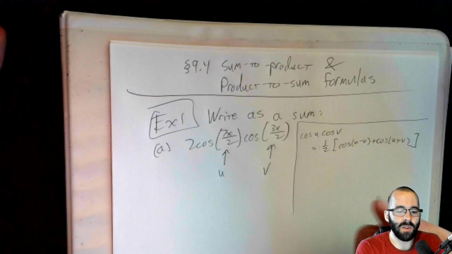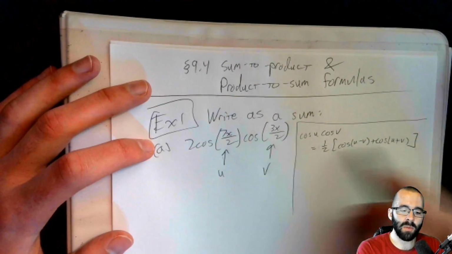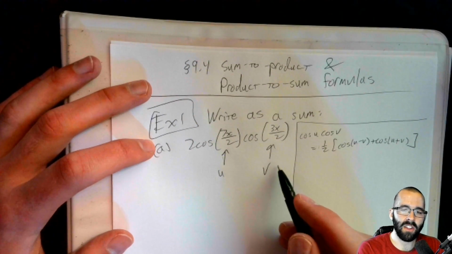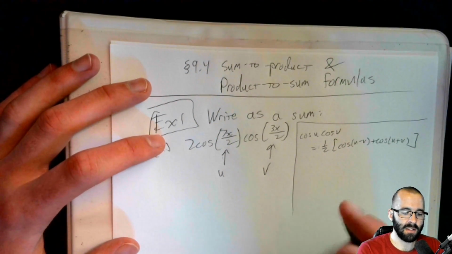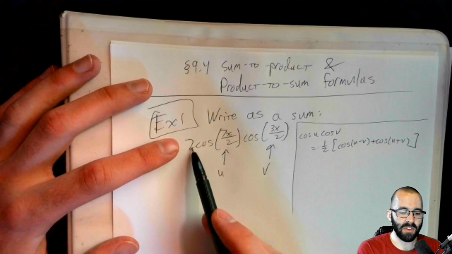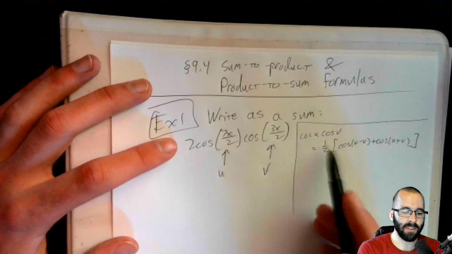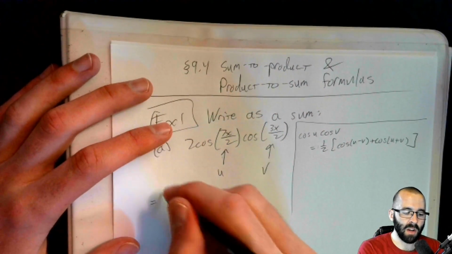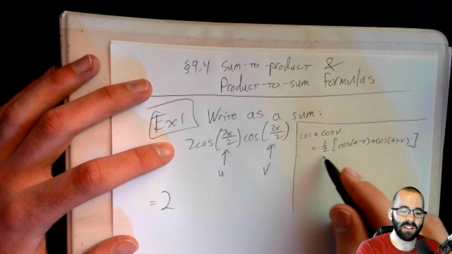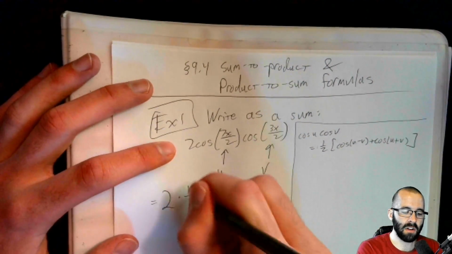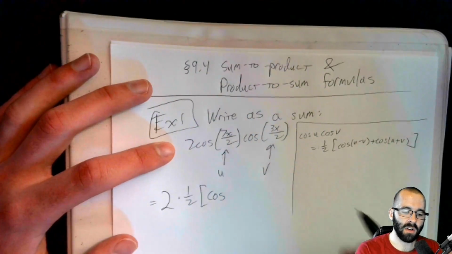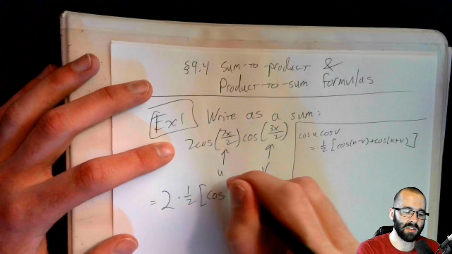That's all there is to it: identify what formula to use, identify u and v, and then just evaluate. We also have a 2 in front of this, so that's going to end up canceling. We have 2 times the product, and the product is 1/2 times the cosine of u. What is u? 7x over 2.